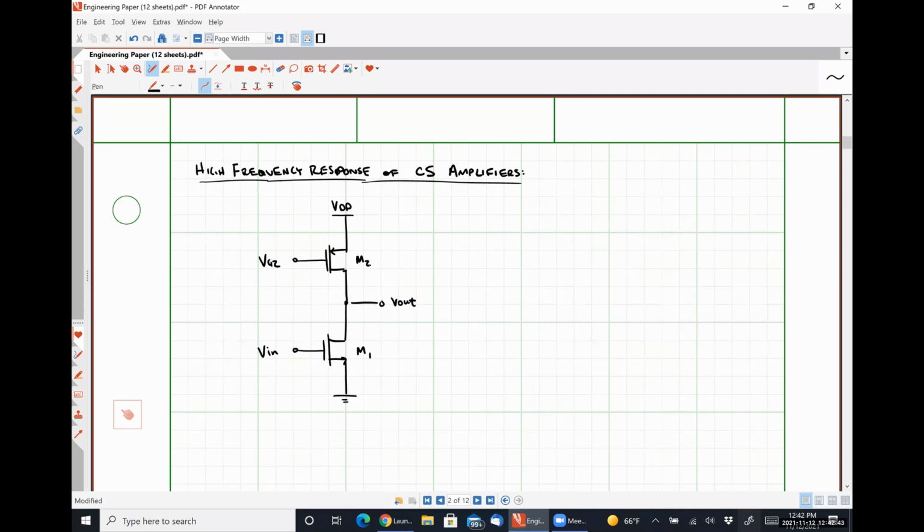And this is where we would apply our input signal on the right-hand side. So we're looking at this common source amplifier for a very, very specific reason. This is our generic model.